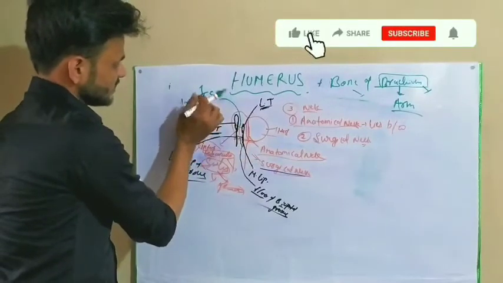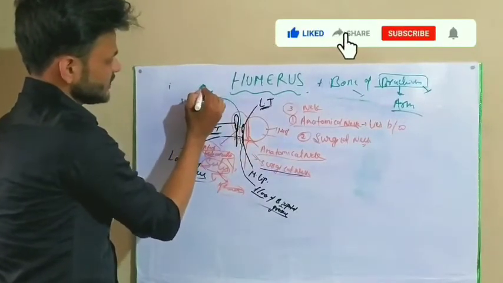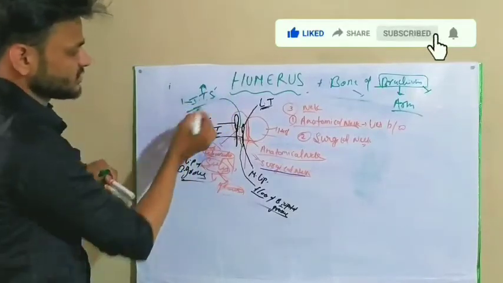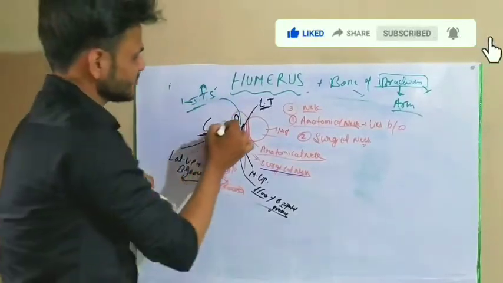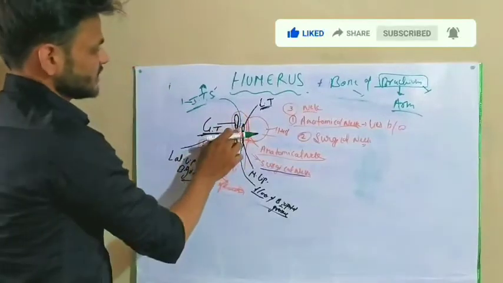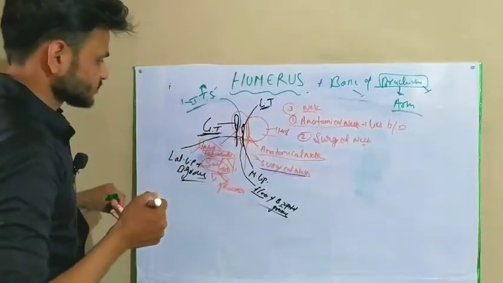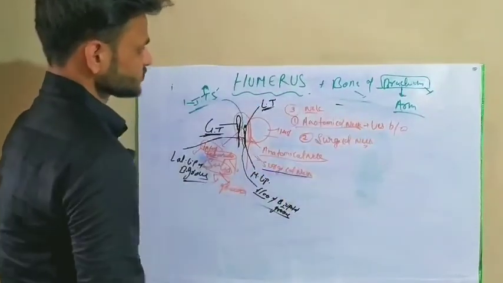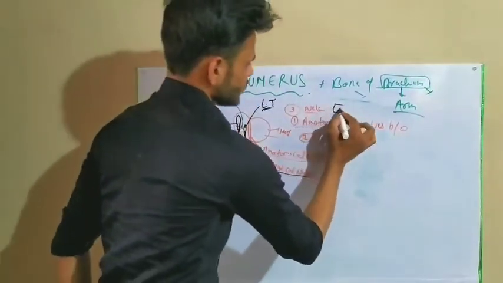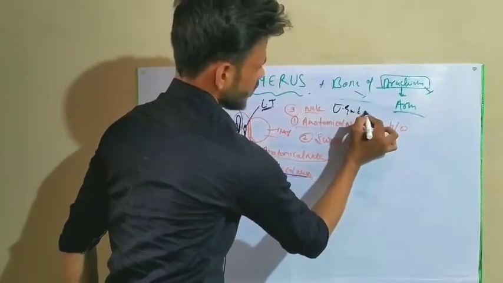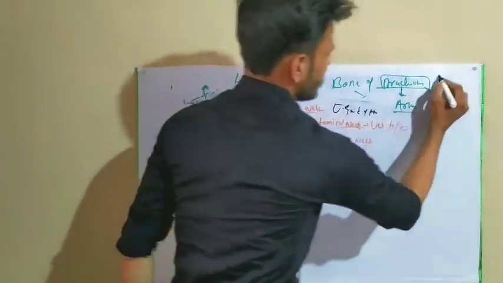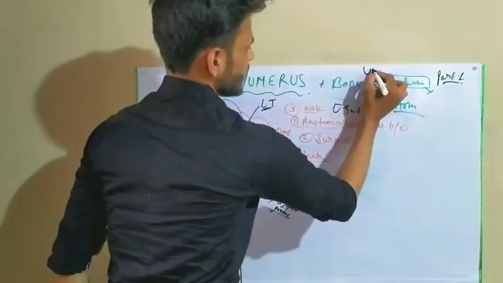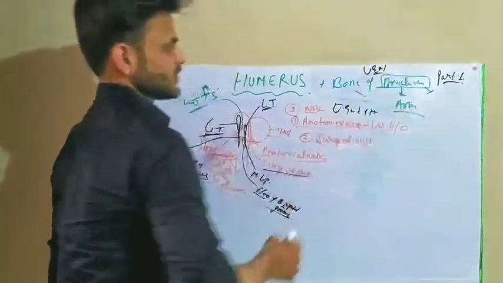Between the tubercles there is a sulcus, a groove-like structure, called the intertubercular sulcus. This is all about the upper end of the humerus, part 1.